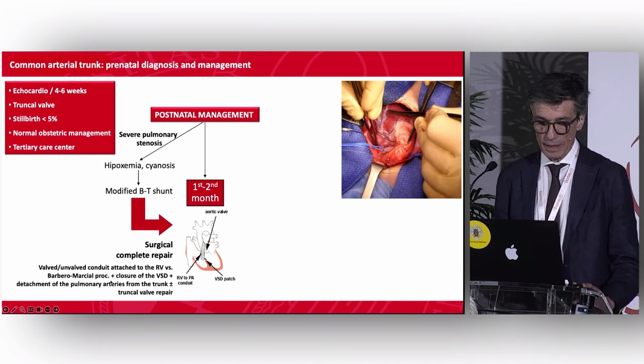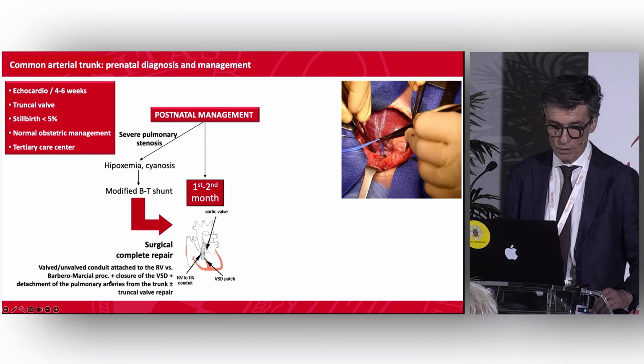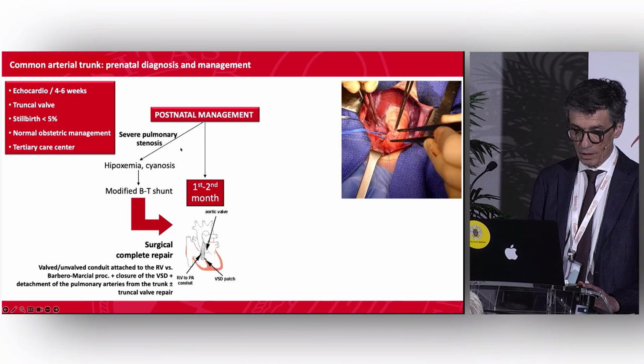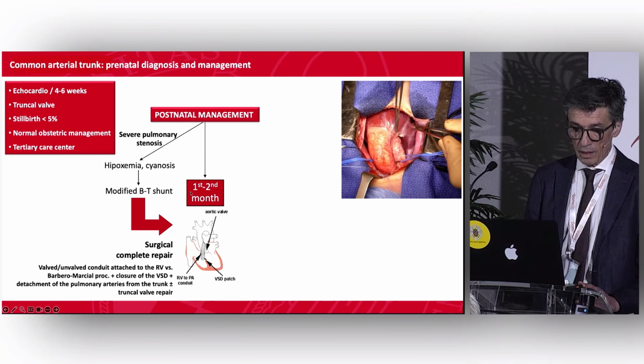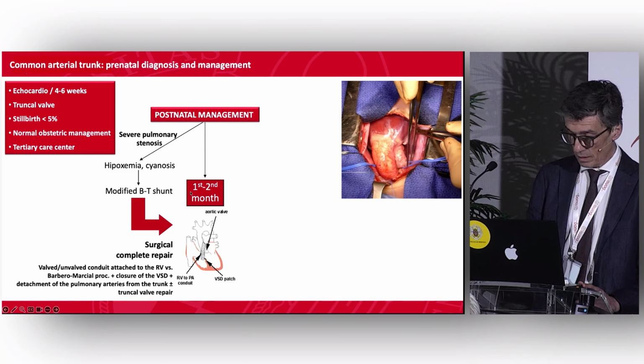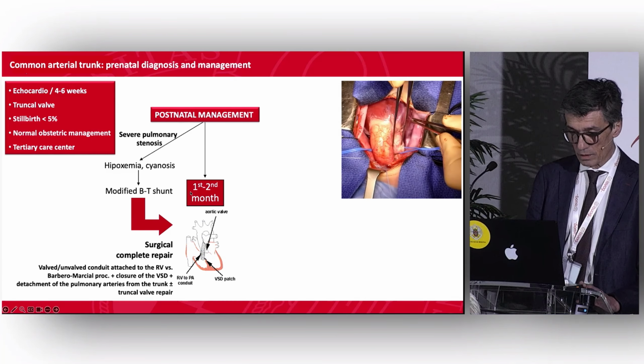Sometimes these babies need additional procedures before the complete repair, especially when there is severe pulmonary stenosis, and the baby may need a modified Blalock-Taussig shunt in the first weeks of life.